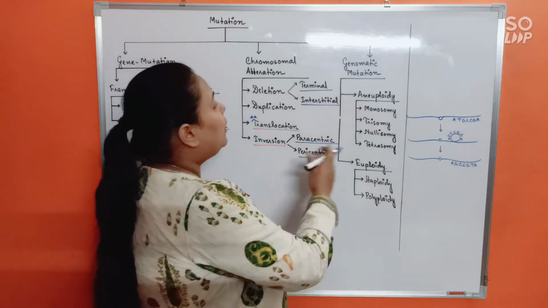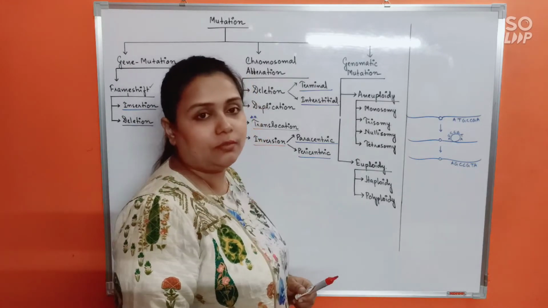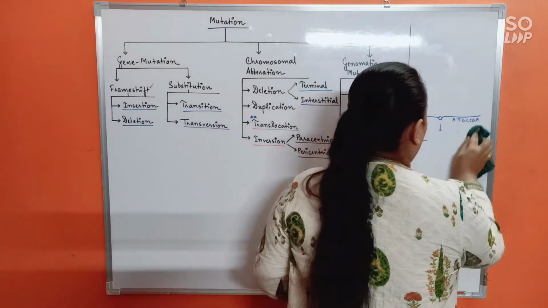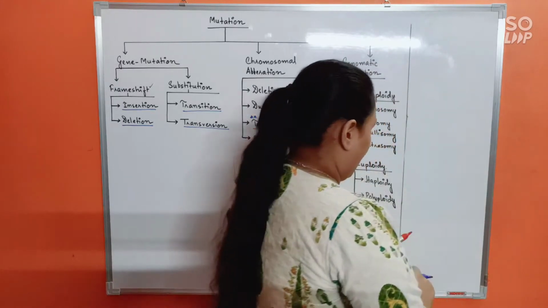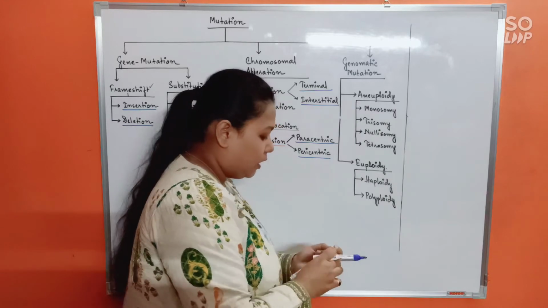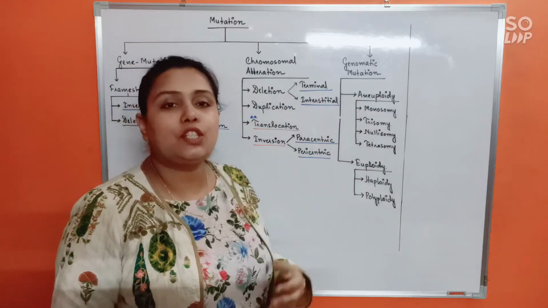Fine. Now we are left with the third and the last category, genomatic mutation. Now, you know that if a change occurs in the gene, we call it gene mutation.